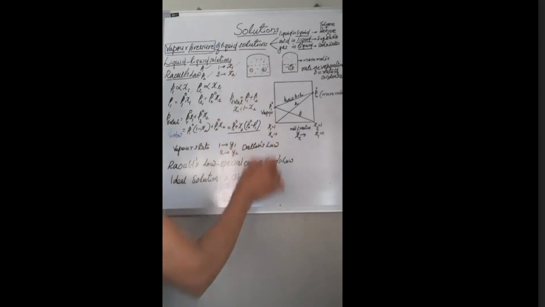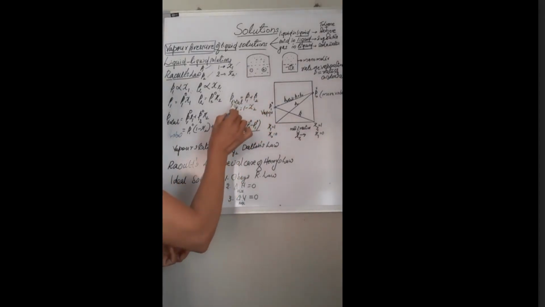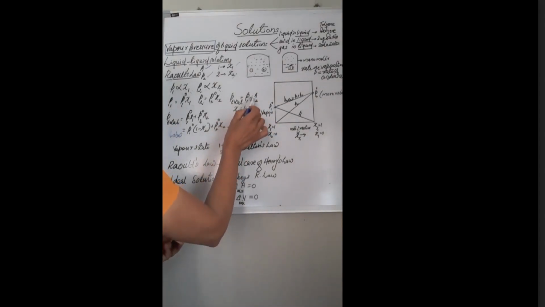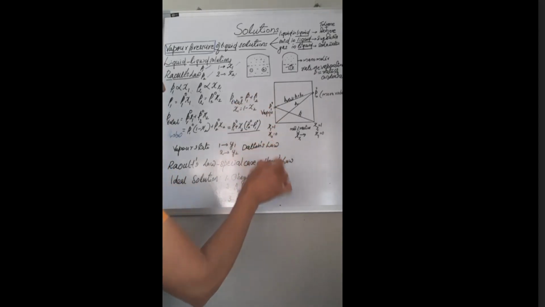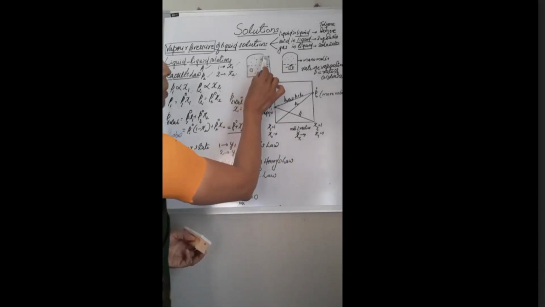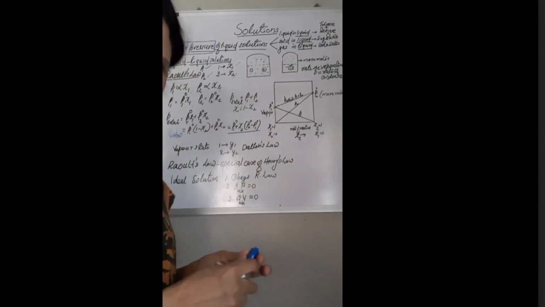Now if you look at the part above the solution, the total vapor pressure we find using Dalton's law, because as per Dalton's law, the total pressure is the sum of the partial pressures, and that is why we write P total is equal to P1 plus P2. So we can use Dalton's law to find the composition in the vapor state, which you have already studied in 11th class.